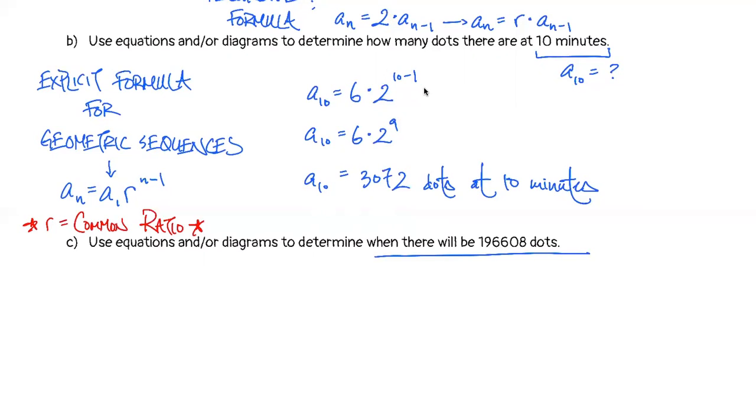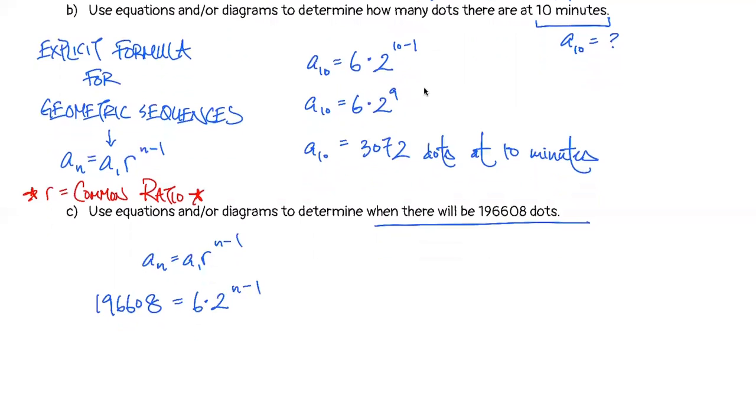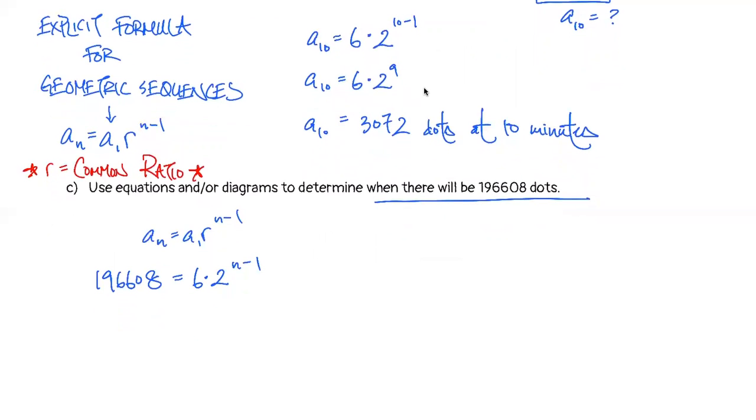Yeah, exactly. So we're going to take our explicit formula, a sub n equals a sub 1 r to the n minus 1. And instead of plugging in that big number for the n, that is actually how many dots. All right, how do I solve for n?